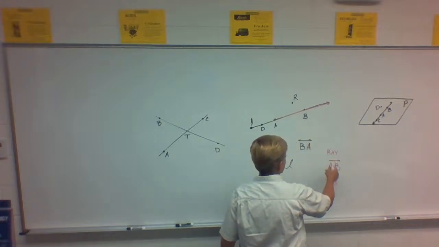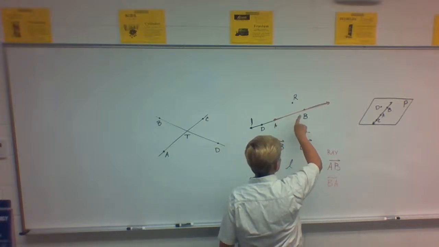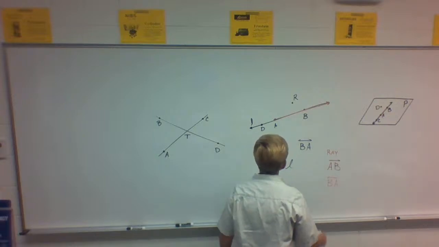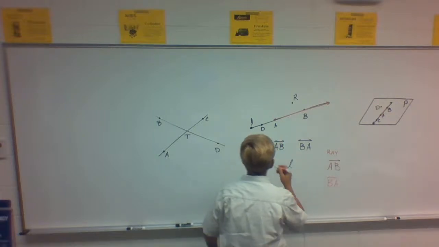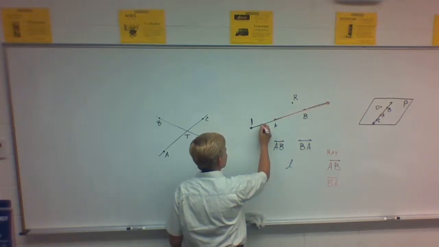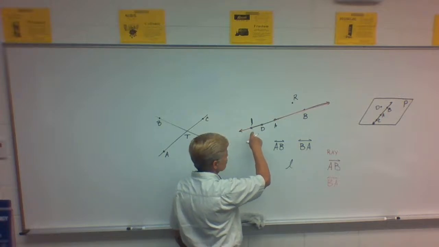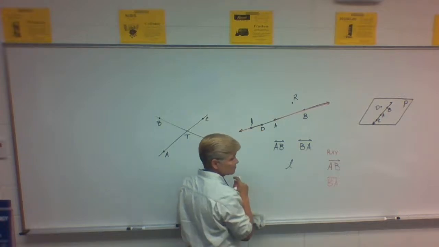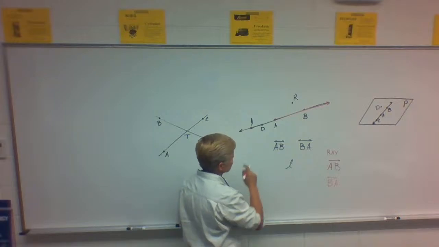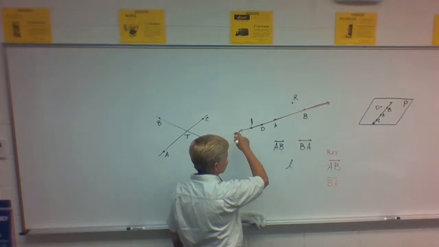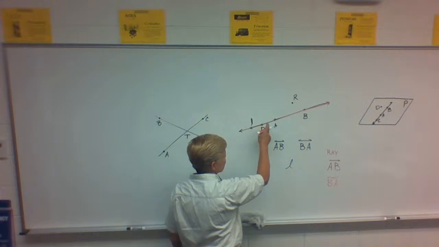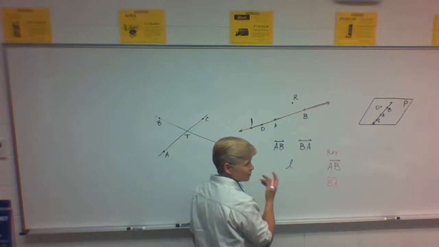So both of these start at A and then head towards B and pass there forever. If I wanted to name this ray right here, going this way, I would need another letter down here, which you can put on. If you put an E in here somewhere, then call it ray DE. If there's only one point, the point you're starting, and there's nothing else down here, put one on. L has nothing to do with naming this, even though it's in the vicinity. It's just a name for the line.